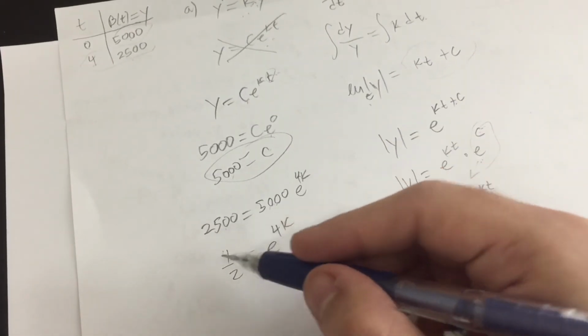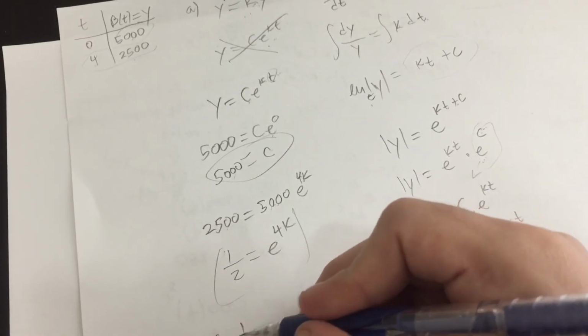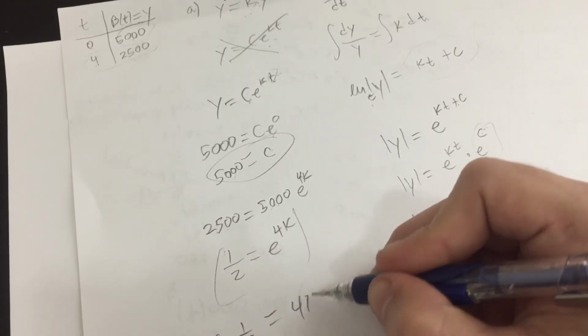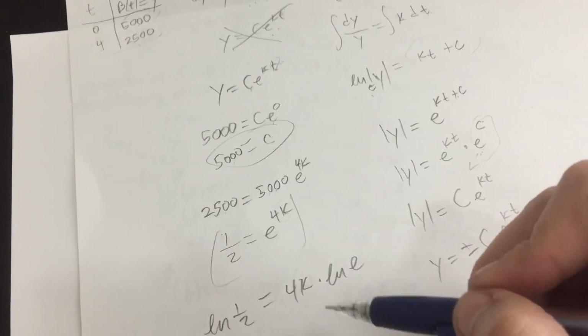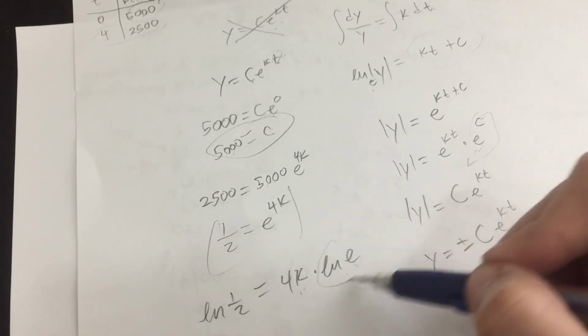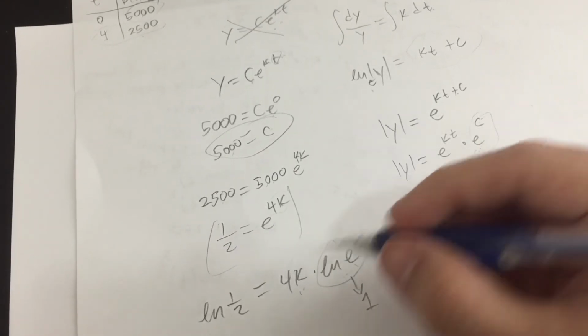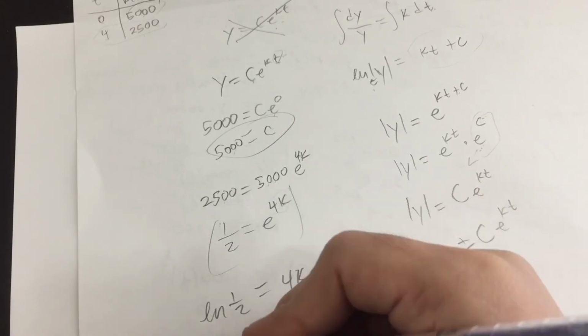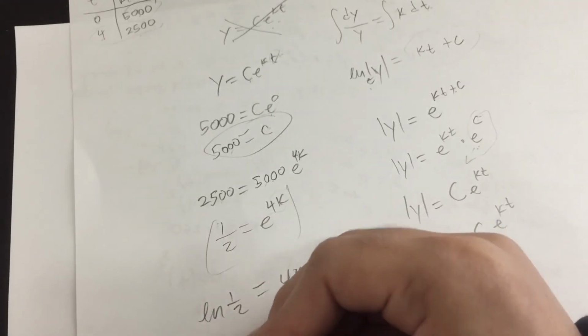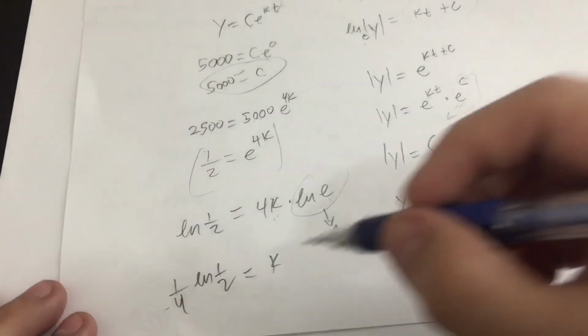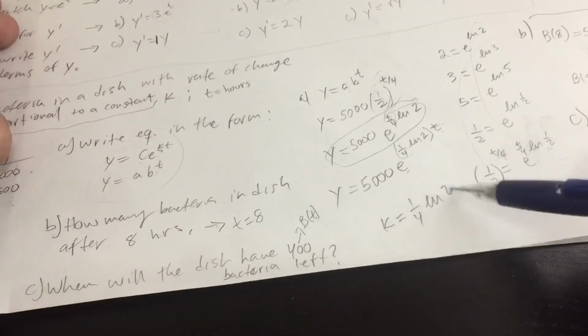We have to solve for k, so let's take ln on both sides. ln of 1/2 equals 4k times ln e. Remember that the exponent can become the coefficient of the log, and ln e is just 1. So 1 times 4k, that means k equals 1 over 4 times ln of 1/2. And that's what we obtained in the previous method of thinking about it, using algebra. Look at that.